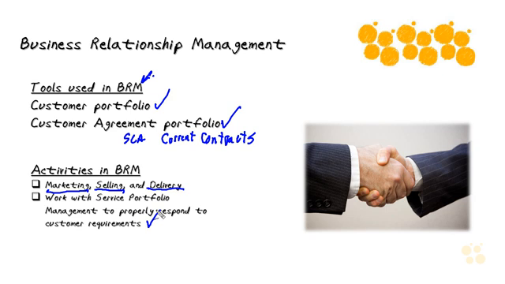So if things change, we want to make sure that we have that in place. That is the way we can get out into the world of customers, making sure we're demonstrating the value of our services to everybody else. That's what BRM is about, not only our current customers, but also any potential customers.